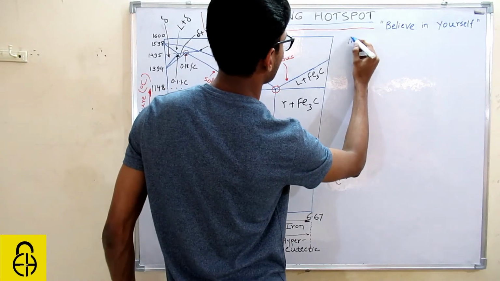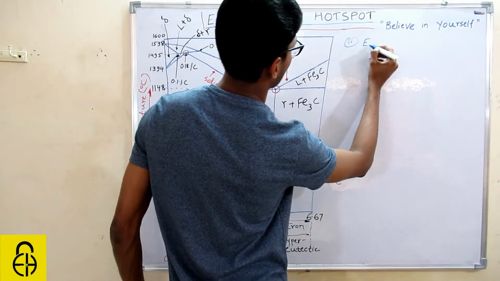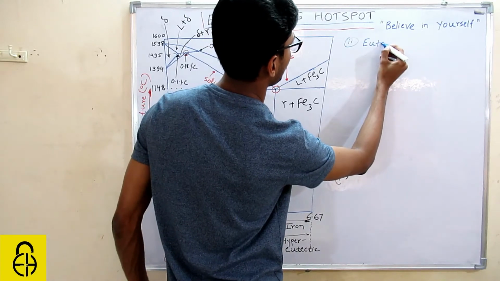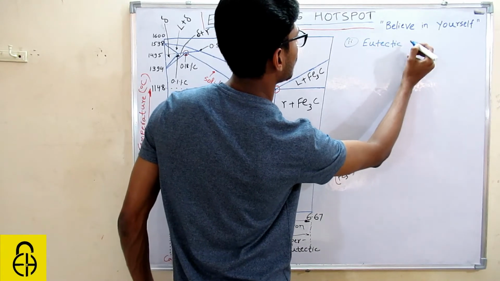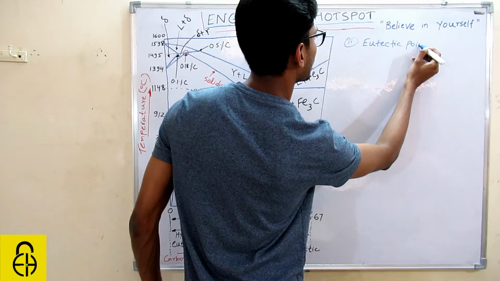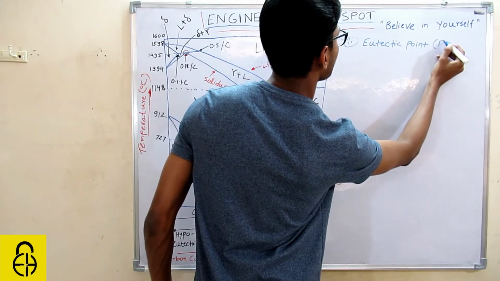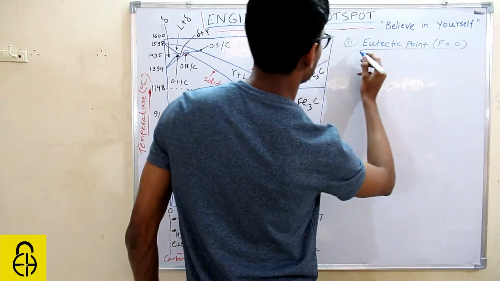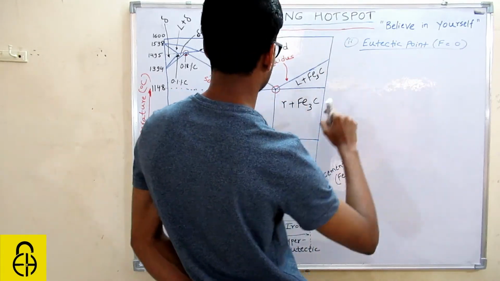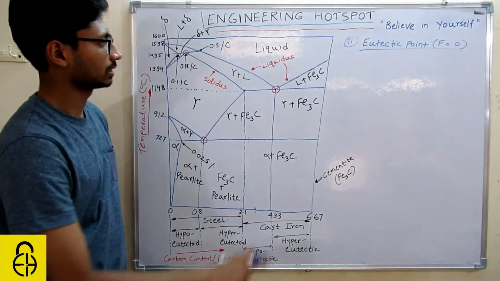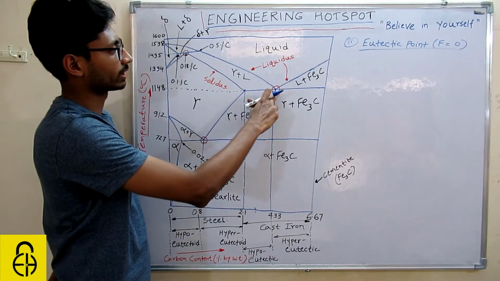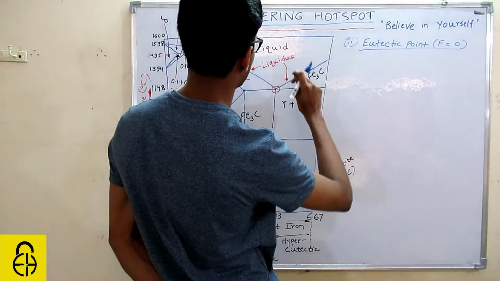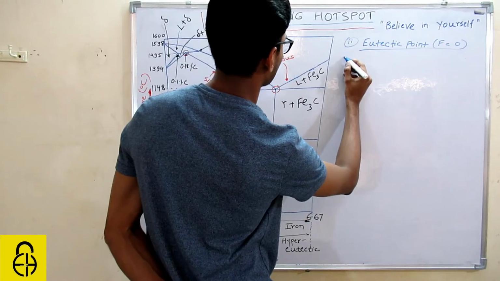The second point is the eutectic point, okay? Here also F is 0, the degree of freedom will be 0. You can see this point is called the eutectic point. So what will happen if you start cooling it?